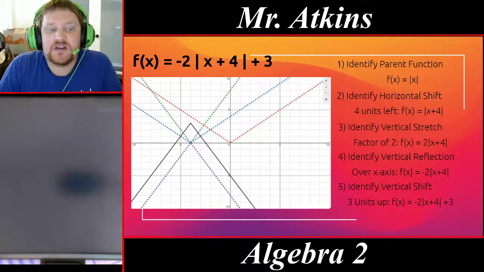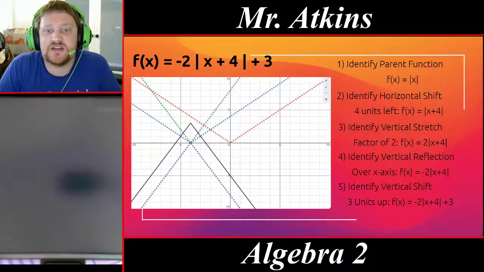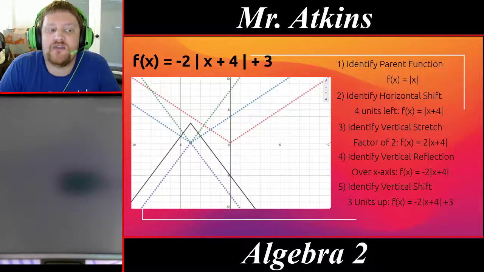Basically, the entirety of unit 2.1 is just like this. However, sometimes it asks you to go the other way. They give you a picture of a graph and they ask you to identify what the formula is.